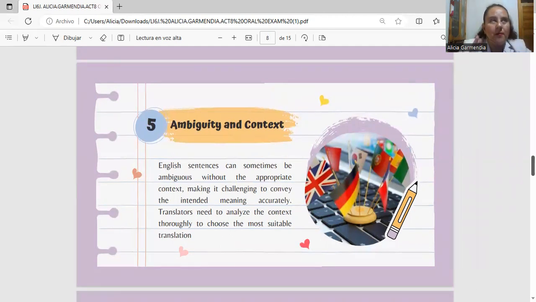For example, the expression "el que quiere azul celeste que le cueste" is an expression that we have, and if we translate it literally, it's not going to have the correct interpretation or the correct meaning in the language.